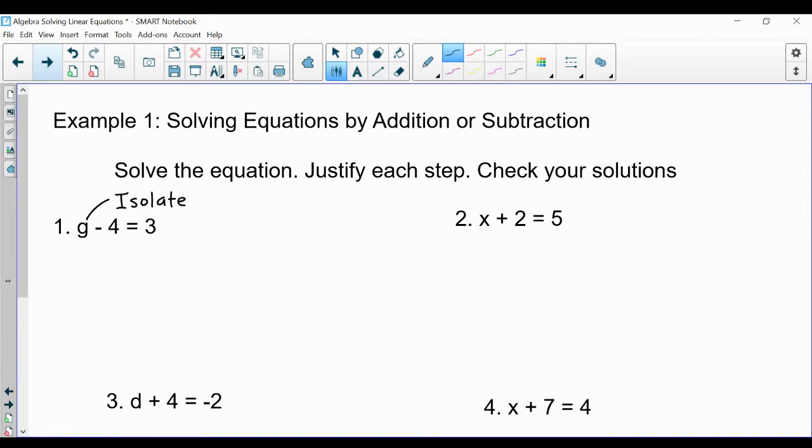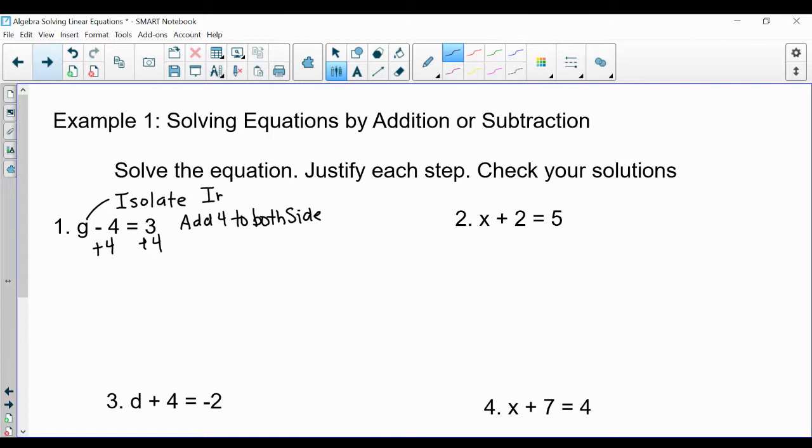So I need to get rid of the 4. In order to get that by itself, I'm going to add 4. So I know that I need to add 4 to both sides, because I started off with a negative 4.